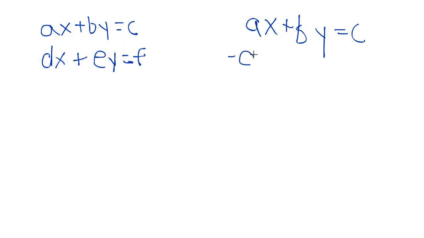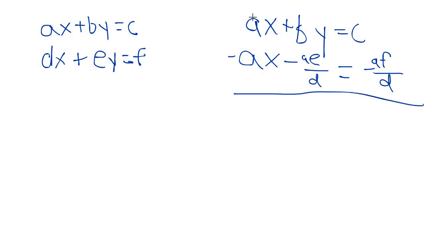So this becomes negative ax minus ae over d y equals negative af over d. Sorry for the bad handwriting, but when we add these, the x's cancel out, and we're left with b minus ae over d times y equals c minus af over d.